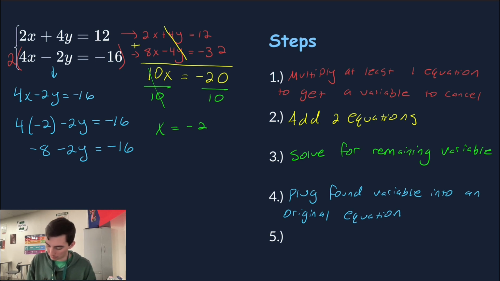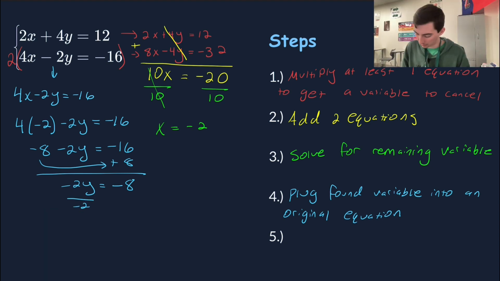And so now I'm going to move this negative 8 over to be positive 8. So negative 16 plus 8 will give me negative 8. And then I can divide both sides by negative 2 to get y is equal to positive 4.